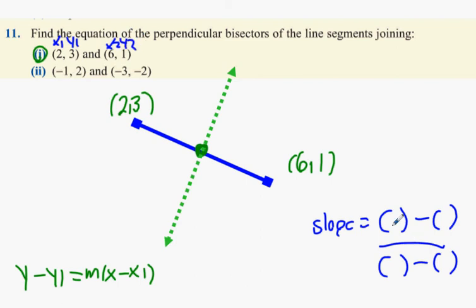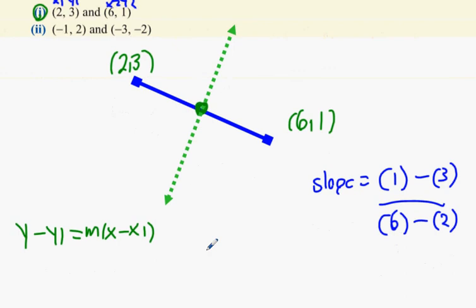They're the blue points. So 1 minus 3, all divided by 6 minus 2. That is going to be minus 2 over 4, which is going to be minus a half. The slope of the blue line is minus a half.